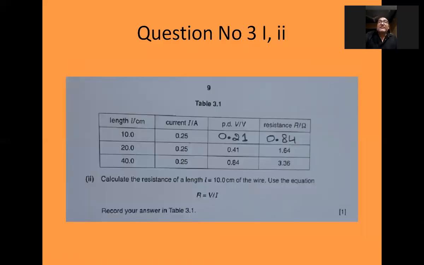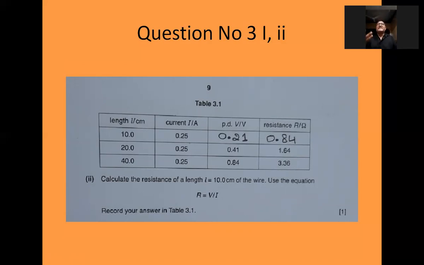When the length is 10, the resistance is 0.8. When the length is 20, the resistance is 1.64. So when you double the length, the resistance also approximately doubles.